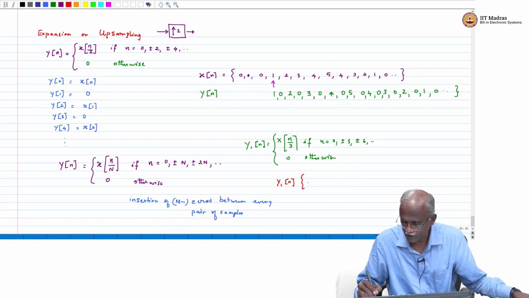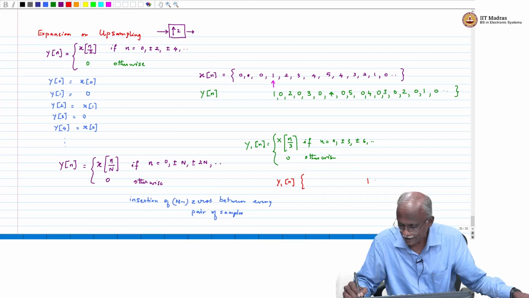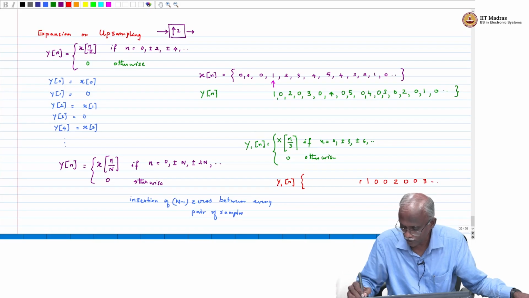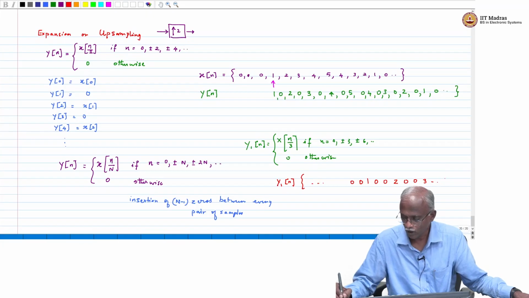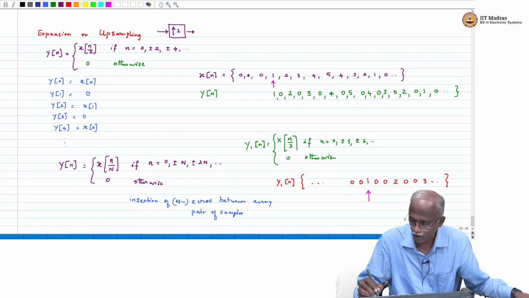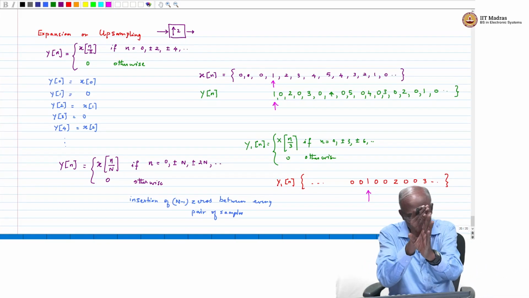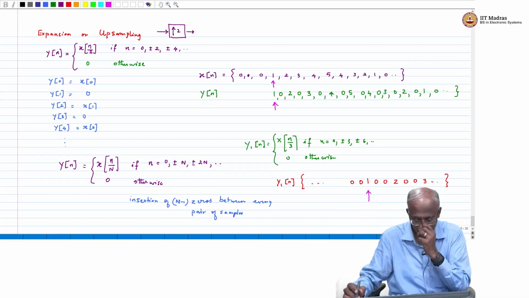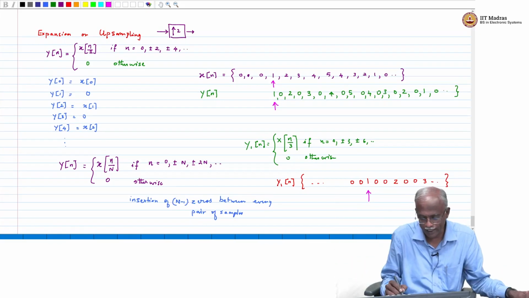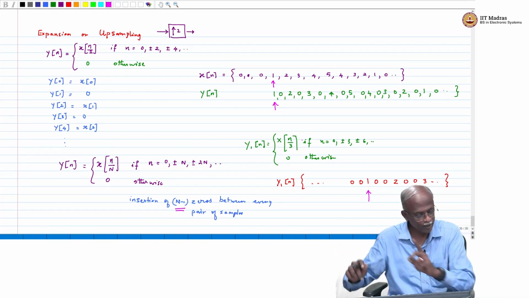It will have the sample equal to 1, then there will be a 0, another 0, and then 2, 0, 0, 3, and so on this side, all the zeros. And the origin will be the same point. The origin always is here, because origin does not shift. You start with n equal to 0, then from there on, the number of zeros you insert is equal to N minus 1. In this case N is equal to 3, I am inserting 2 zeros between every pair of samples.